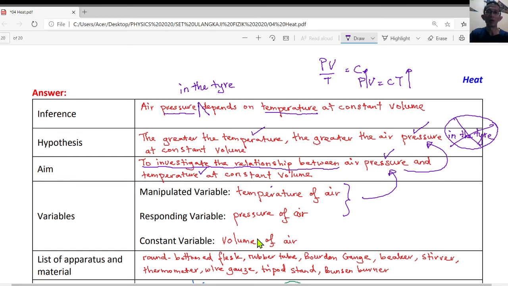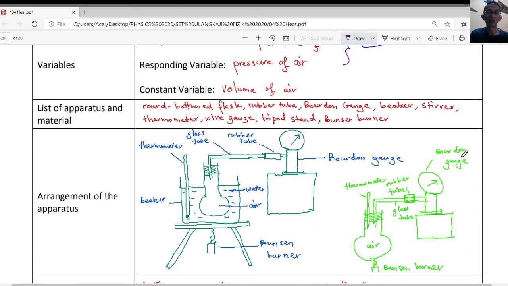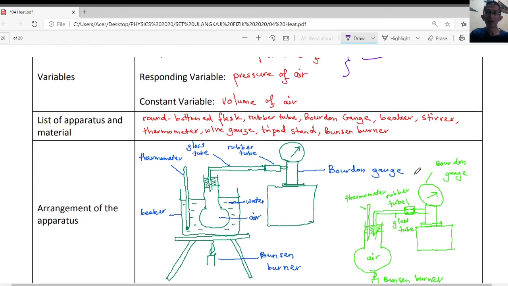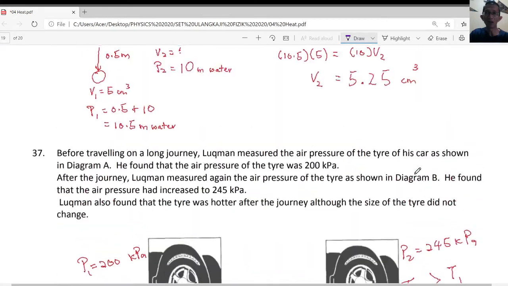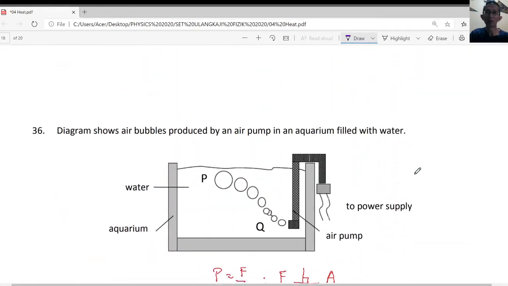Next, we go to the list of apparatus. If you don't know the list of apparatus, you can try to draw first. Actually this is a diagram that you have seen earlier on, it is this diagram here.